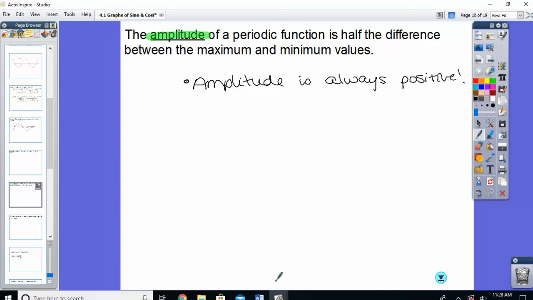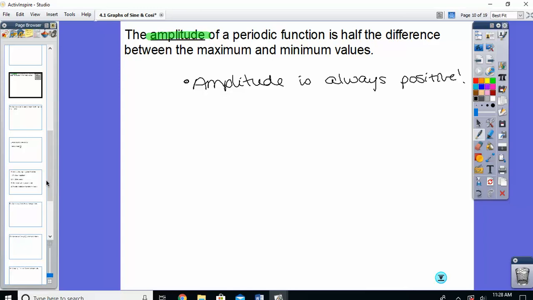The amplitude is still 2. What would a negative in front of our graph do? Flips it over the x-axis. Any questions there?